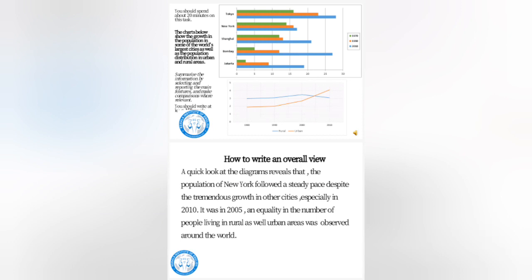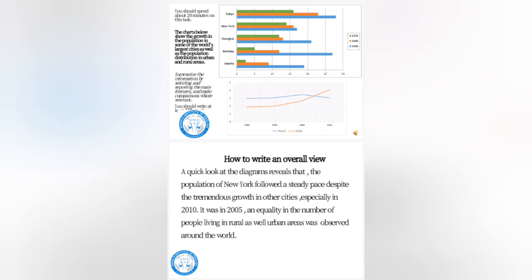You can see that the number did not increase in a dramatic way as compared to the other cities, despite the tremendous growth that we have seen in other cities, especially in 2010. And we are also adding a line that says that in 2005 an equality in the number of people living in rural as well as urban areas was observed around the world. So we are commenting 2 lines on each diagram to give it an overall view.